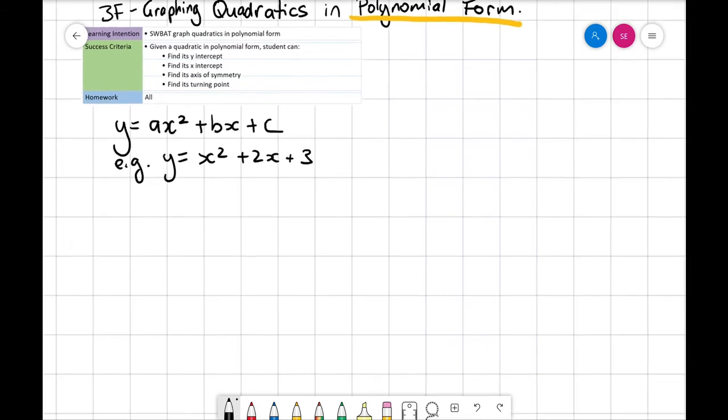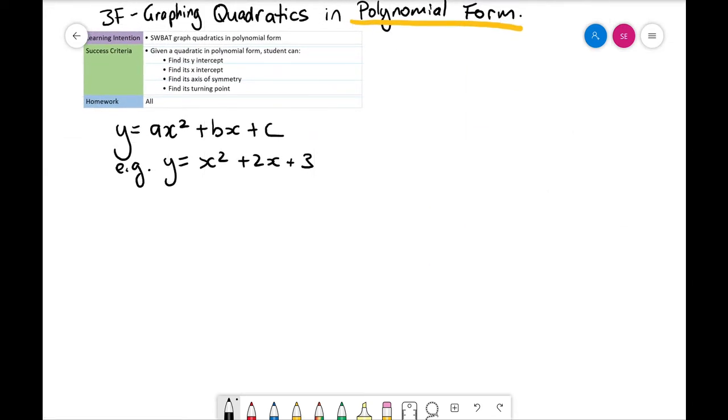Now there's 4 steps to doing this. Step 1 is we're going to find the y-intercept. And we do this by letting x equal to 0.